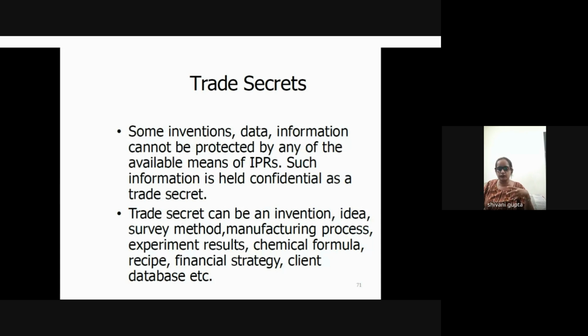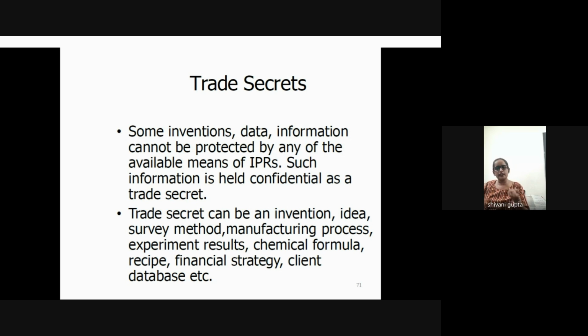And what criteria would be followed for them? Regarding that, there is another IP category, and protection is given as per the law, that is regarded as trade secrets, as mentioned on the slide. I am just reading the slide so you can be better acquainted with what I am trying to say. A trade secret can be any invention, idea, survey method, manufacturing process, experiment result, chemical formula, recipe, financial strategy, client data, and so on.